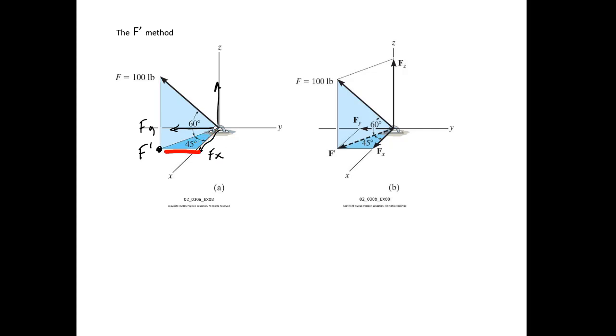The sine component will be there, so Fy will be the sine of 45. Fx again is the cosine of 45. Then Fz is going to be the sine of 60. So this would be the cosine in that direction, and the sine of 60 would be there. So we'll just write those down. We're going to say that Fx, or F prime, is equal to F cos 60.